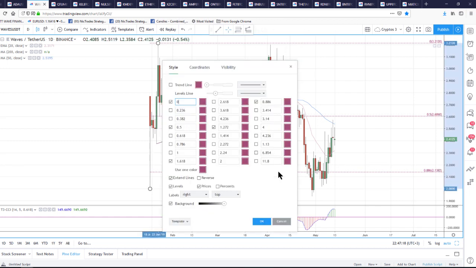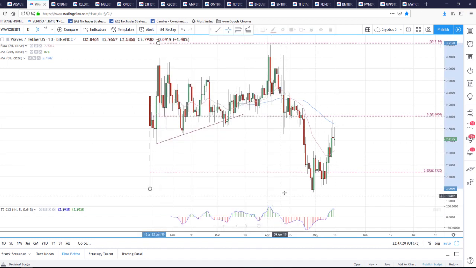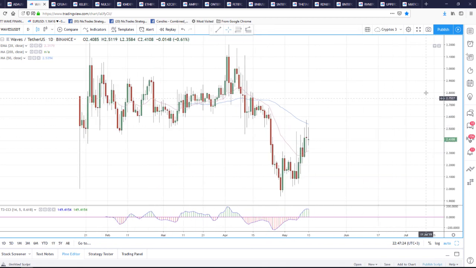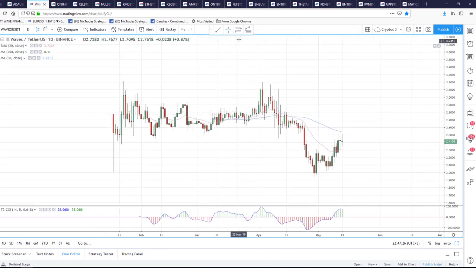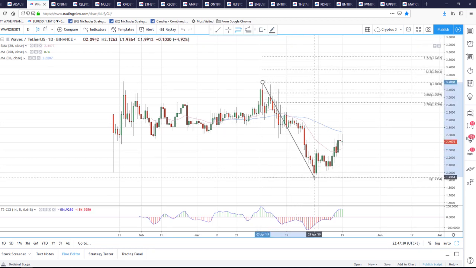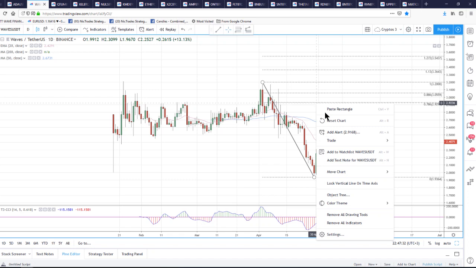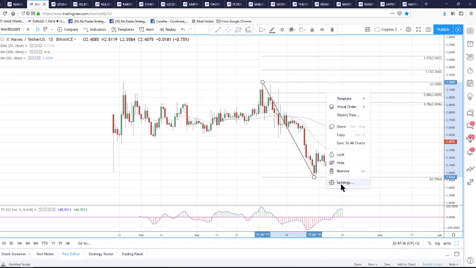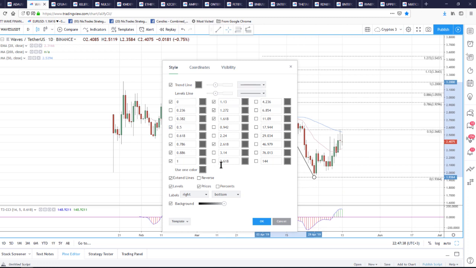I haven't looked at this one for a while. Let's do it. Don't always look at it against Tether, I have to be honest. On the daily, we're stuck at this daily 50 moving average, and we're stuck at, I think, maybe, yeah, 50% back.